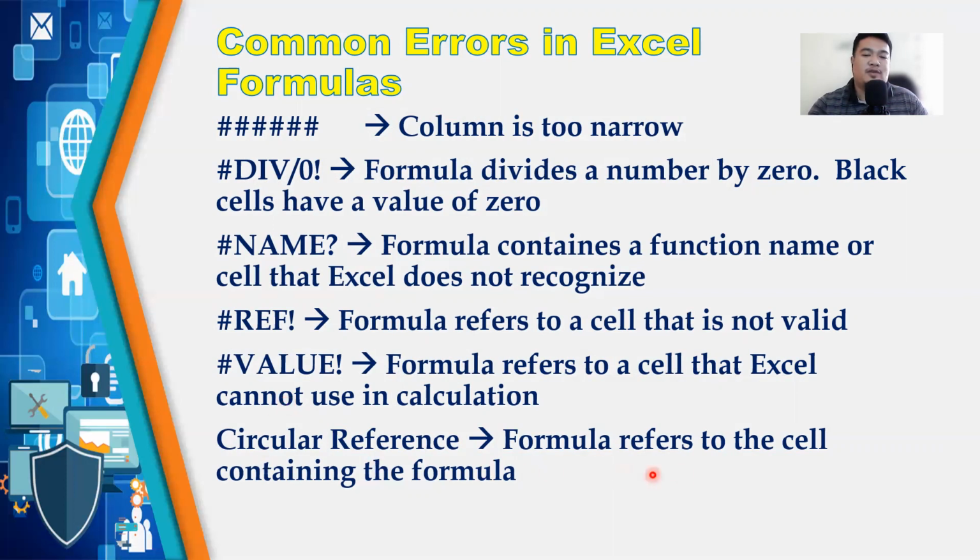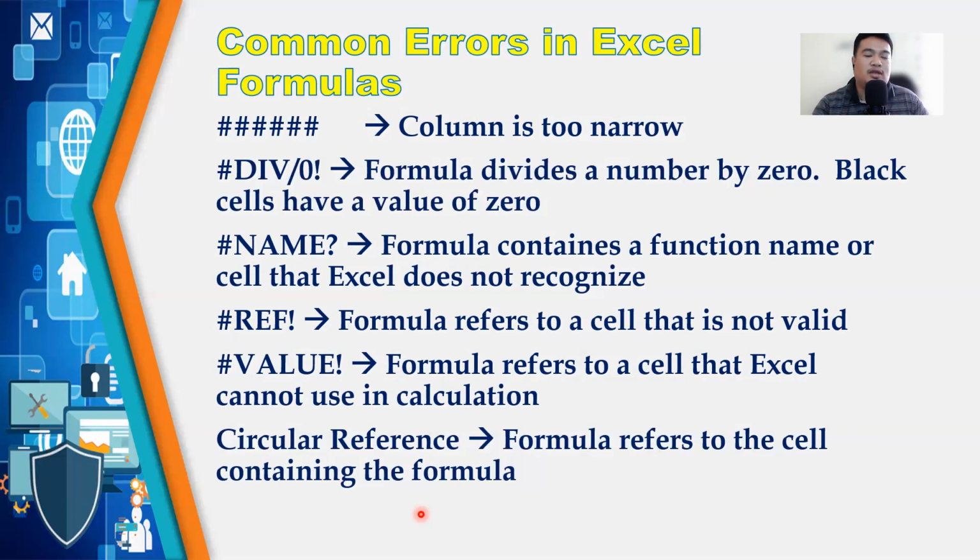Circular reference, formula refers to the cell containing the formula. Let's say maglagay ka ng formula tapos sa cell na nilagay mo yung formula ay hinalo mo din yung cell reference niya sa formula.